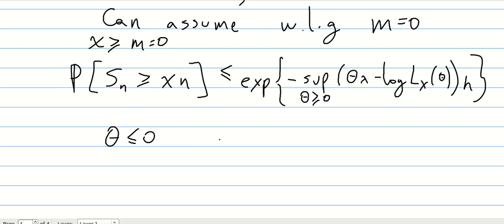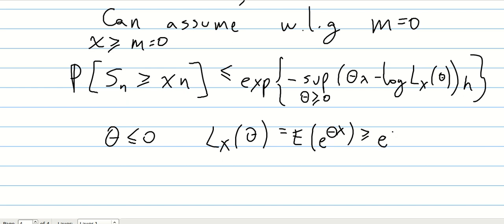So for theta smaller or equal to 0, the Laplace transform is, as usual, the expectation of e to the theta x. By Jensen's inequality, this is larger or equal than the exponential of the expectation. But now the expectation of x is 0. We are assuming that it has 0 expectation. So this is 1.